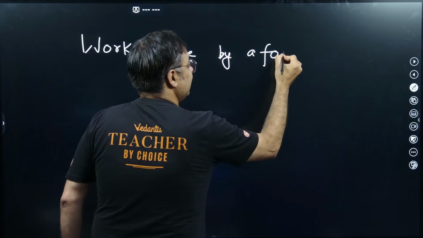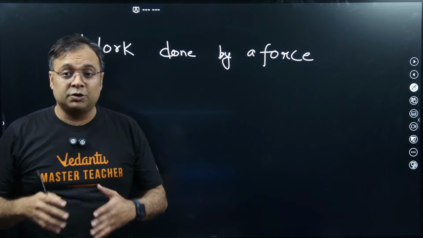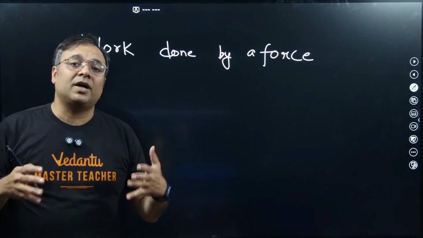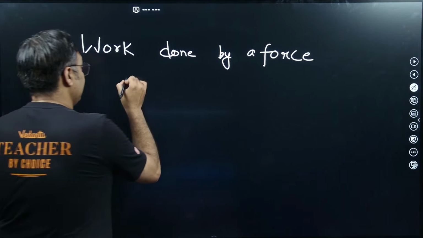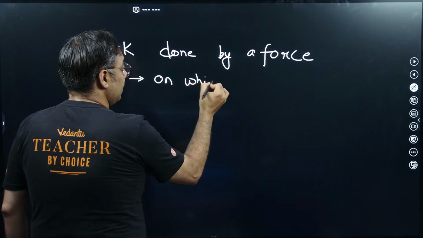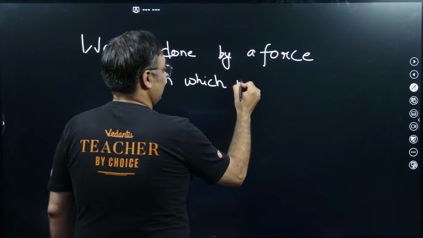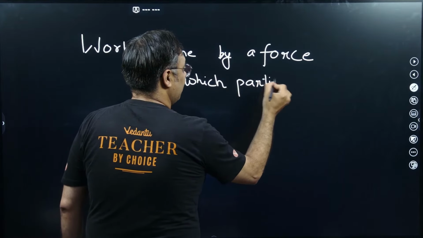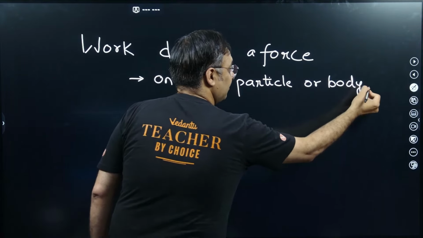So first thing that should come to your mind is what is the force due to which you are required to find the work done. That is step number one. Secondly, on which particle or body the work is being done by that force.